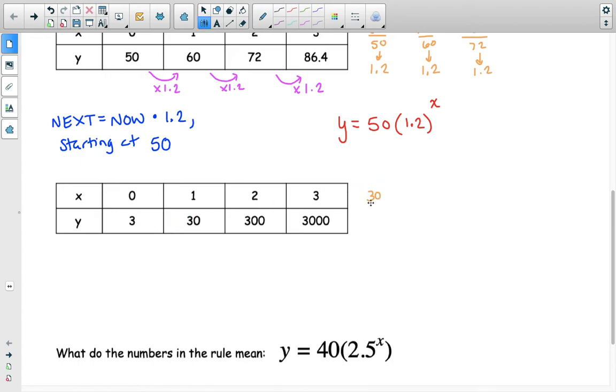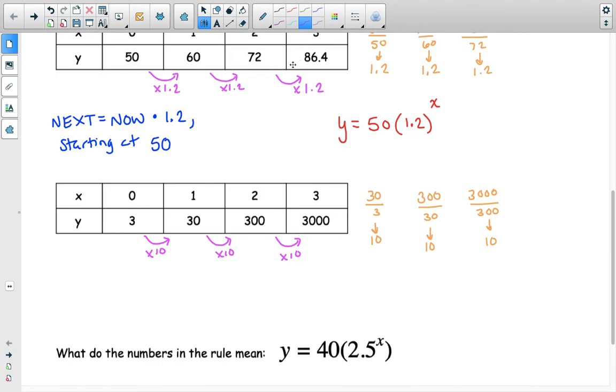So 30 divided by 3 is equal to 10. 300 divided by 30 is equal to 10. And 3,000 divided by 300 is equal to 10. So these are multiplying by the same amount. So we would multiply 3 times 10, 30 times 10, and 300 times 10 to get to the next values in the table.